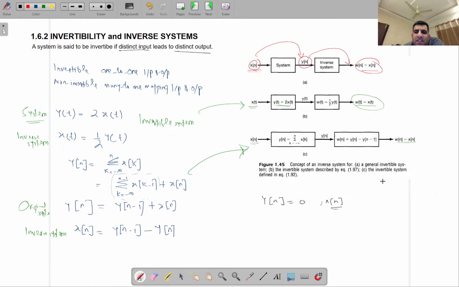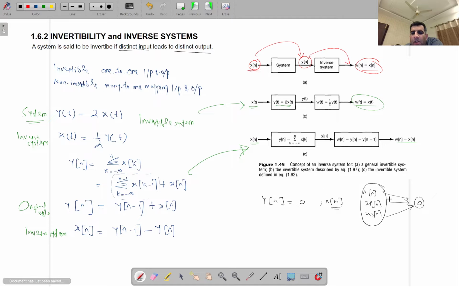So for all the possible values of x of n, x1n, x2n, x3n, I'm going to get 0. So now this is a many to one mapping, right?